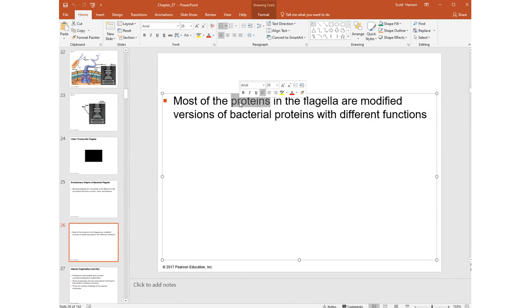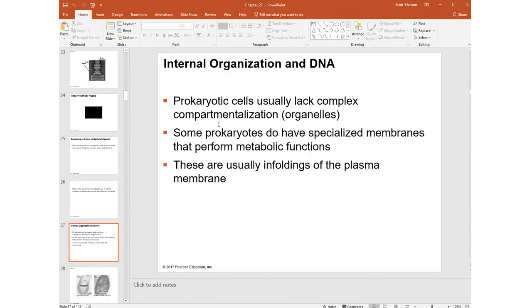Most of the proteins in the flagella are modified versions of bacterial proteins that have different functions elsewhere in the body. So these proteins that make up the flagella are not only found in the flagella; they could be found in other parts of the bacterial cell as well.